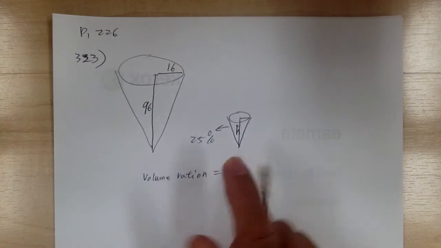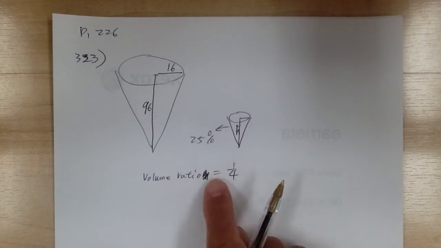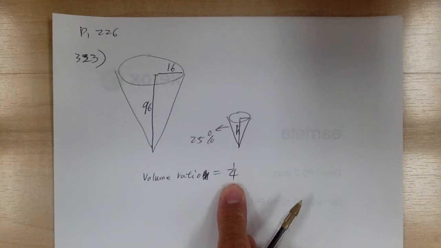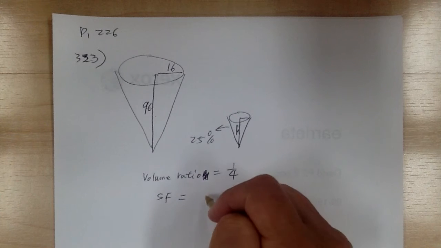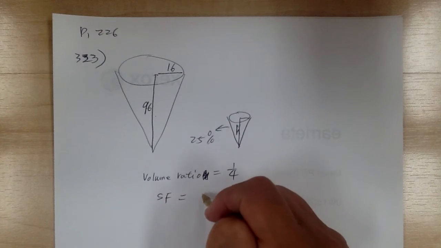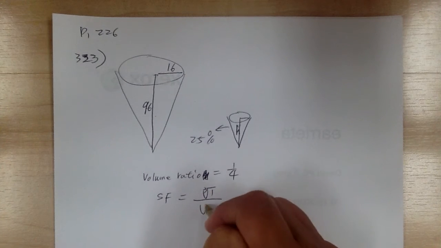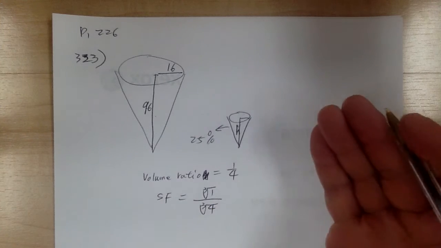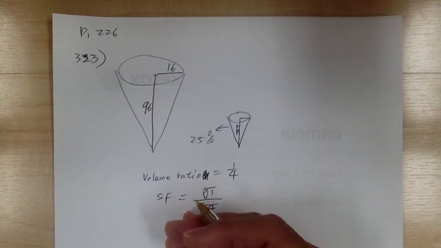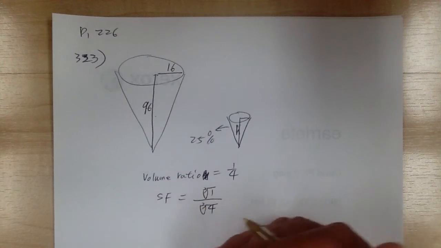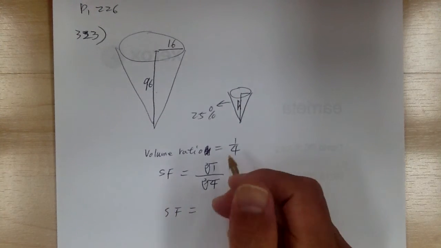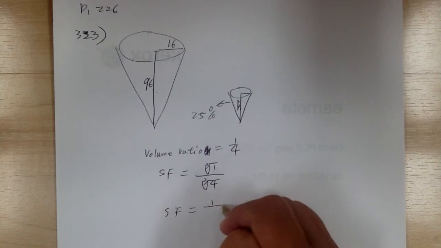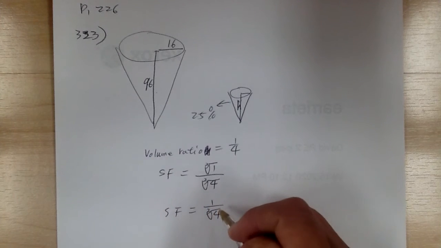The volume ratio is 1 over 4, so the scale factor will be the cube root of that. From volume, which is 3-dimensional, to scale factor, which is 1 dimension, you have to take the cube root. So the scale factor will equal 1 over cube root of 4.